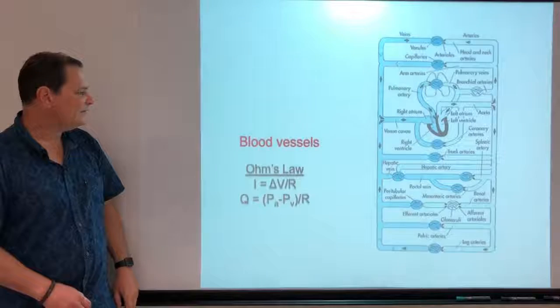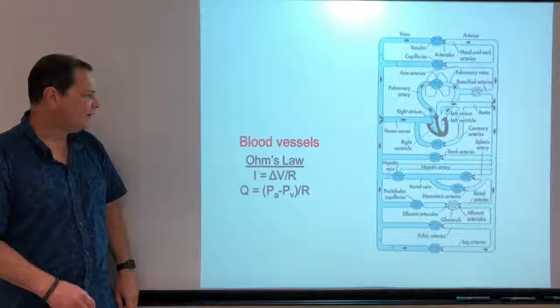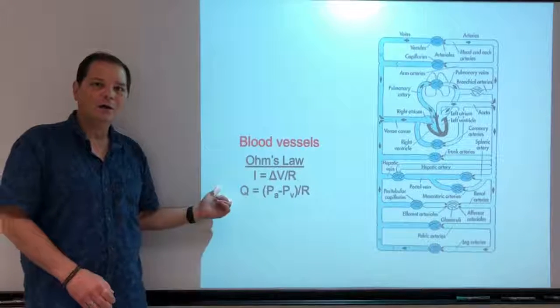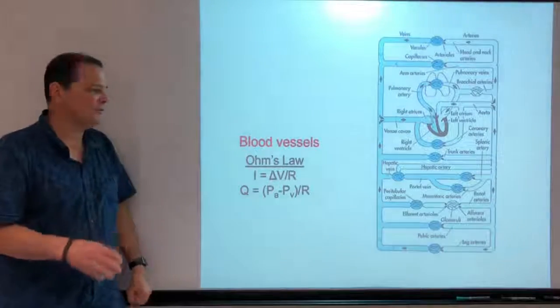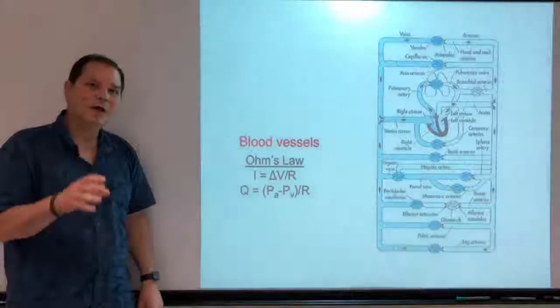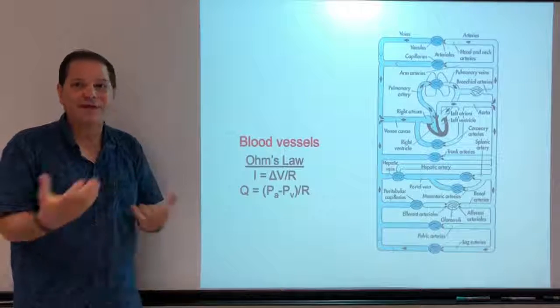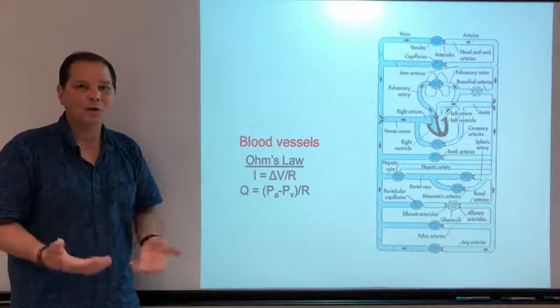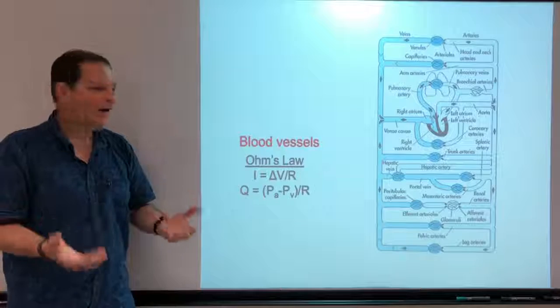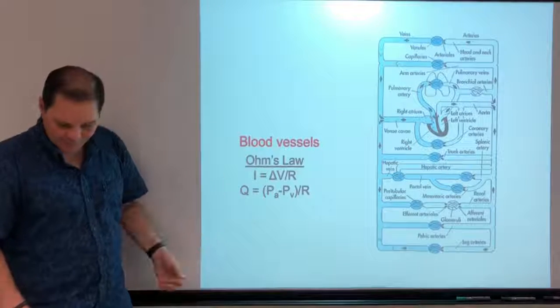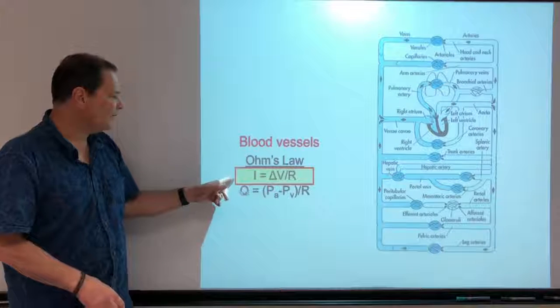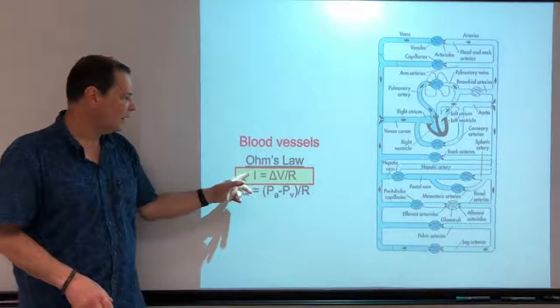So, this system operates according to Ohm's law. 90% of life is showing up, 90% of the rest is Ohm's law, because Ohm's law describes how things, air, water, blood, electrons, flow.